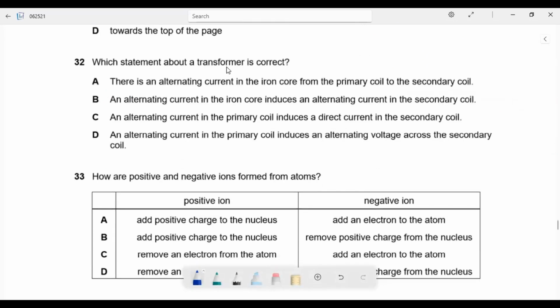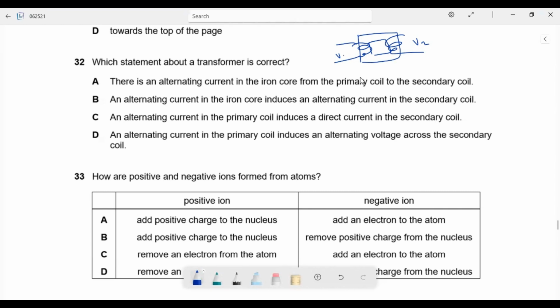Which statement about the transformer is correct? There is an alternating current in the iron core from the primary coil to secondary coil. In a transformer, primary coil will be there, secondary coil will be there. So voltage in this primary will be getting transferred to secondary. That is happening inside this.